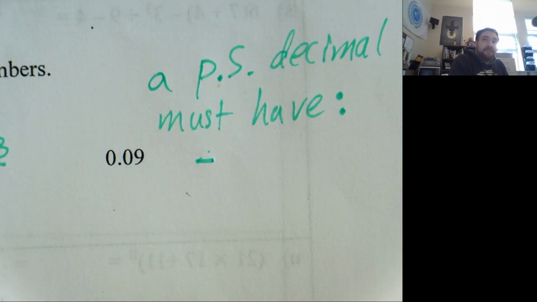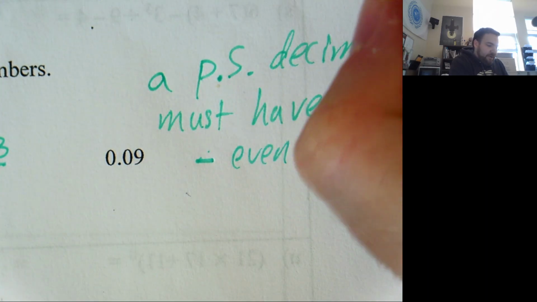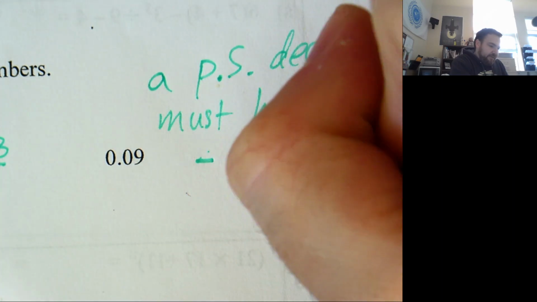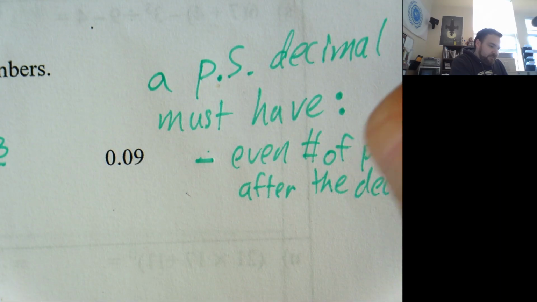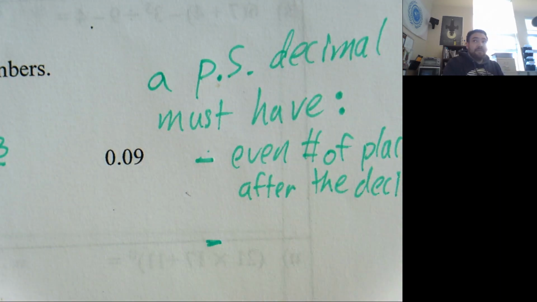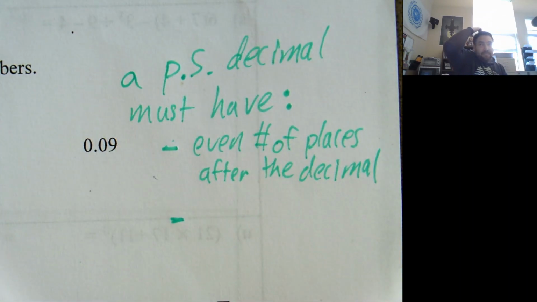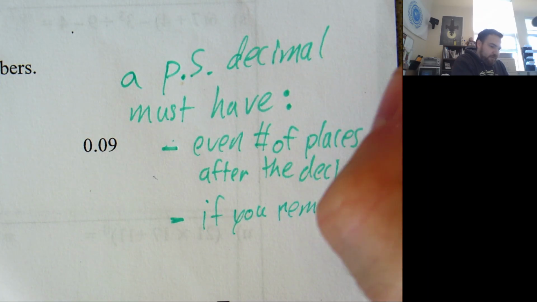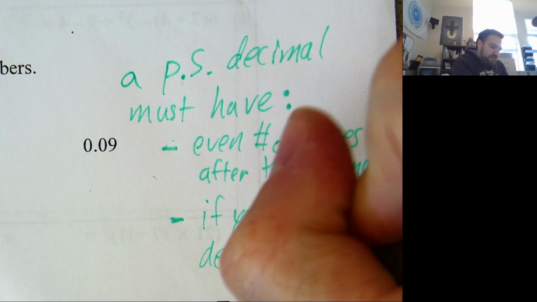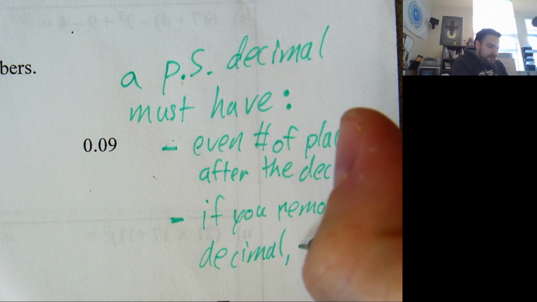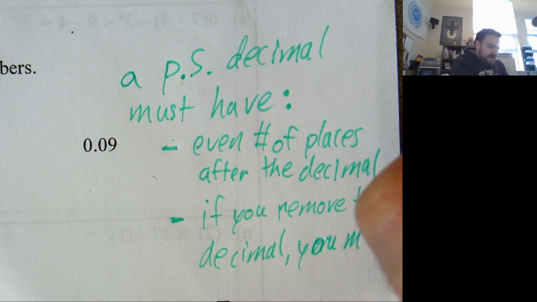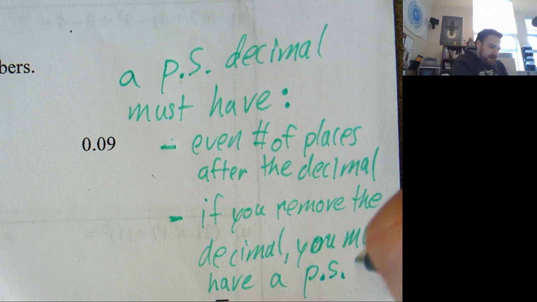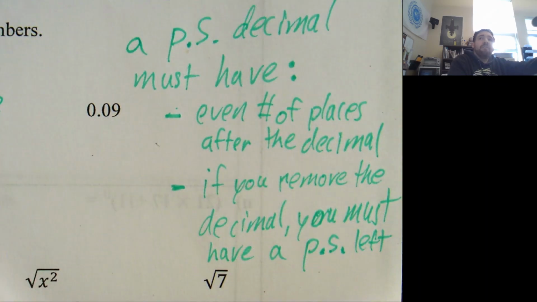One, an even number of places after the decimal, and two, if you remove the decimal, you must have a perfect square left.